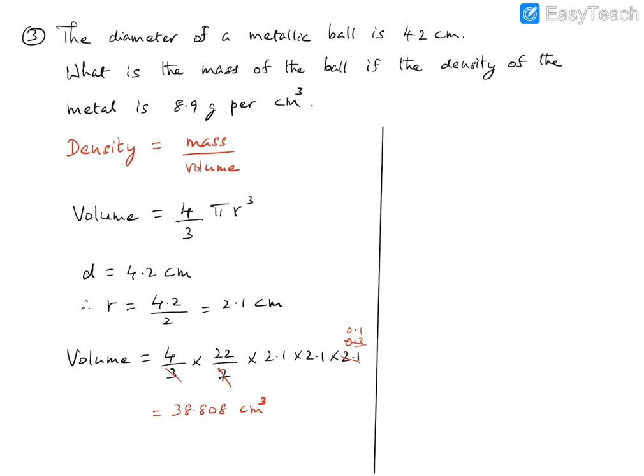Okay, so we have got the volume now. From the volume, we can now calculate the mass of the ball using this relationship between density, mass, and volume. So we can write mass equals density into volume.